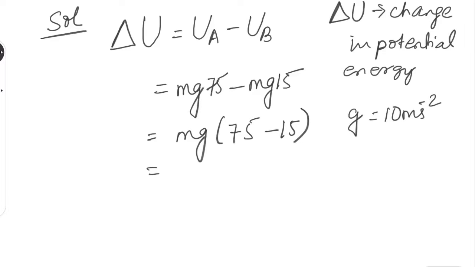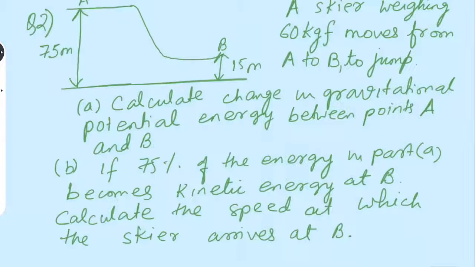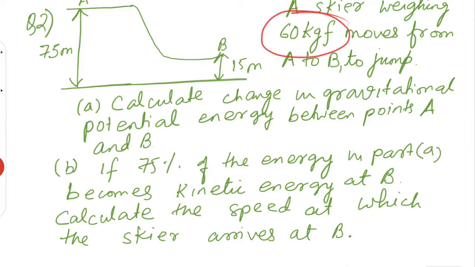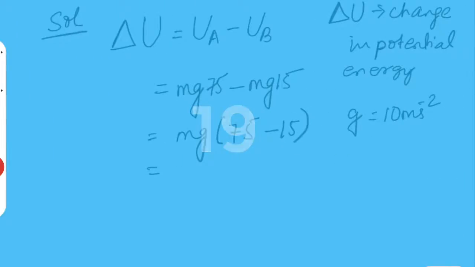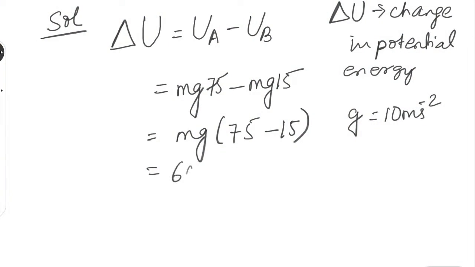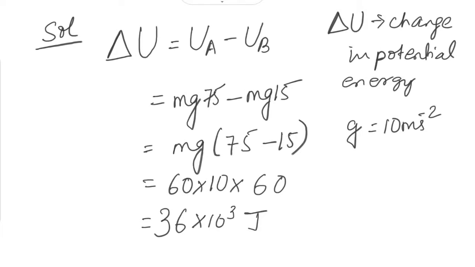And mass over here, see here the weight was given as 60 kgf, so mass is 60 kg, that is quite evident. So mass is 60, g value is 10, 75 minus 15 is 60, 36 into 10 to the power of 3 joule. So this is the answer for the first part.